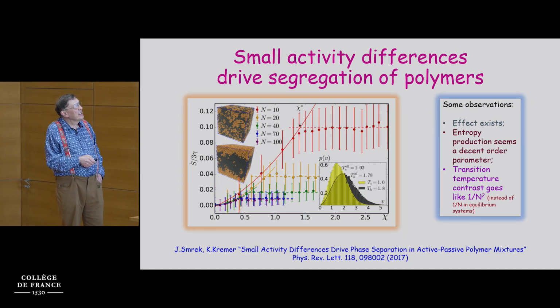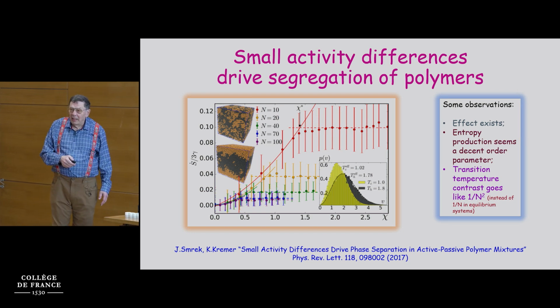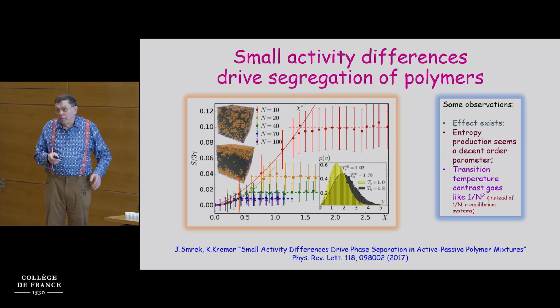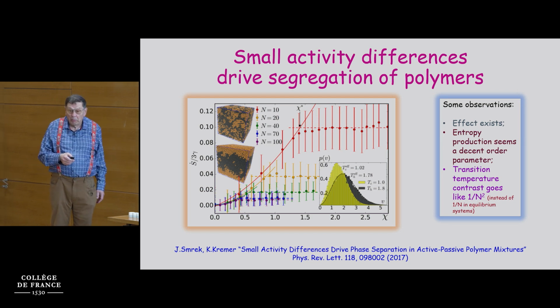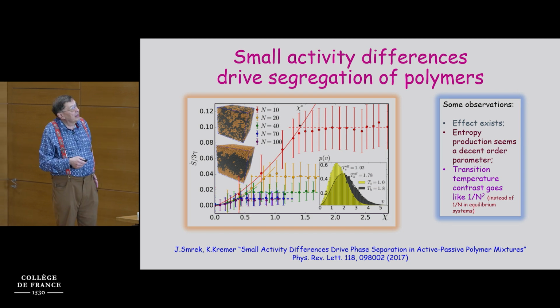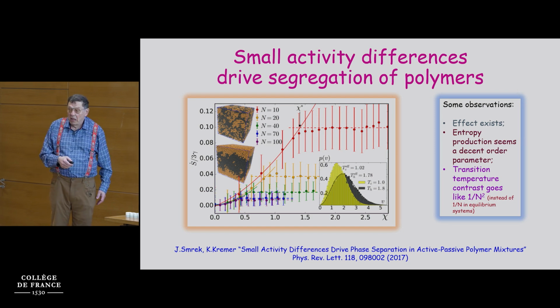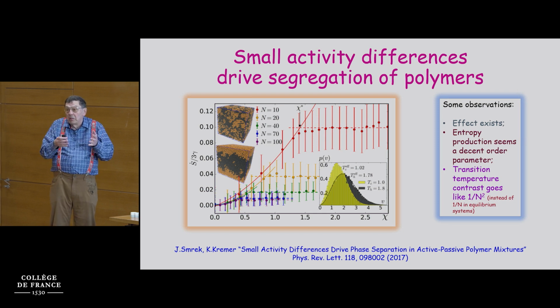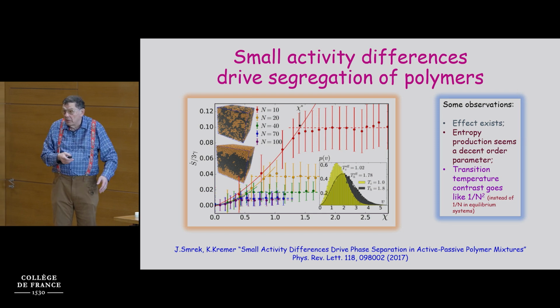In any case, this idea of phase separation in a system of particles can also be applied to polymers. You can imagine, for instance, in this paper by Schmreck and Kremer, they applied Jean-François' idea about different temperatures to polymers. Consider a mixture of polymers driven by different thermostats.